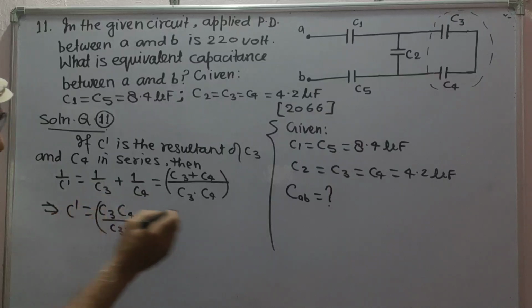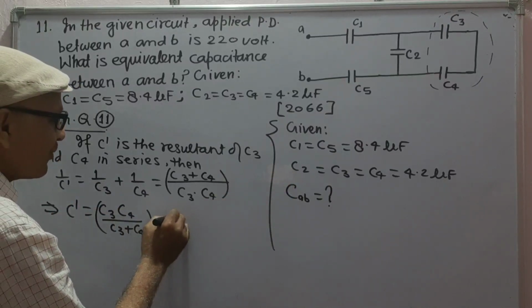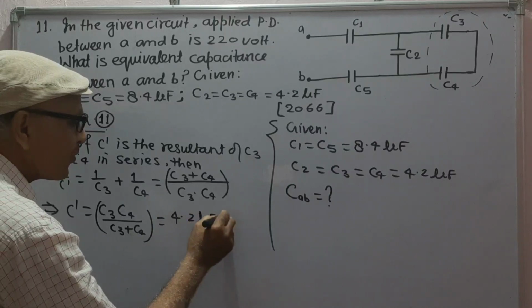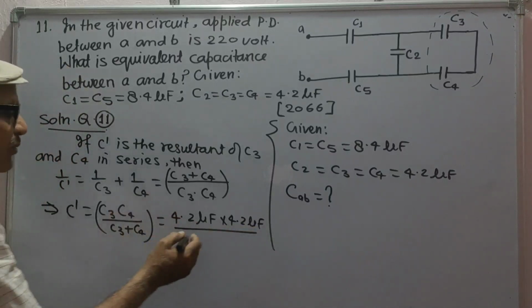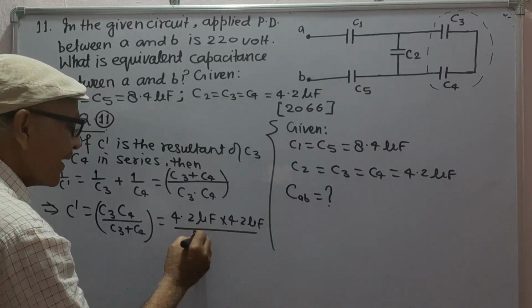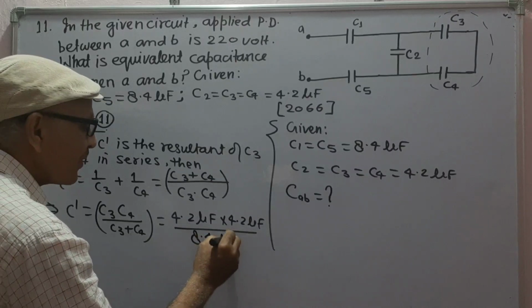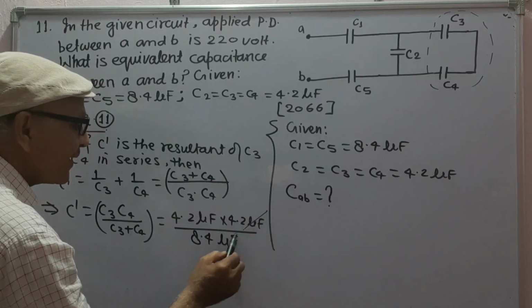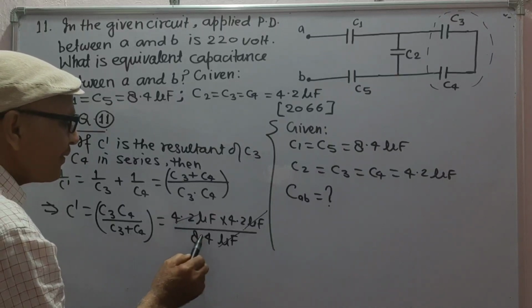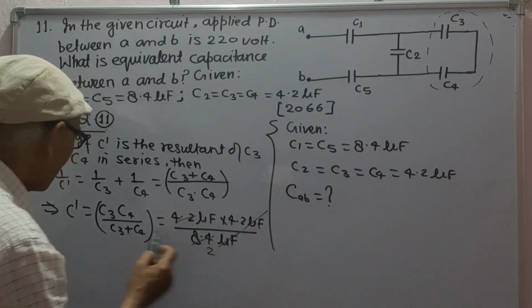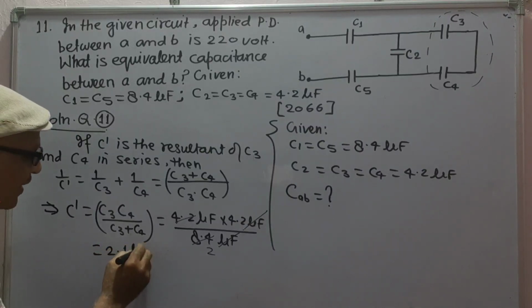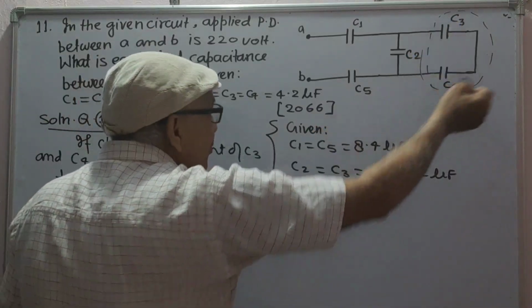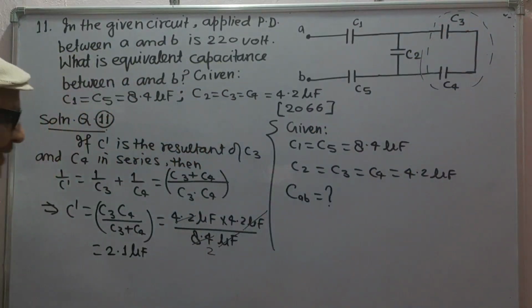C3, C4 are equal 4.2 microfarad into 4.2 microfarad upon 4.2 plus 4.2, means 8.4 microfarad. Microfarad cancels, and we get C dash as 2.1 microfarad. Means resultant of these two capacitors in series is 2.1 microfarad.